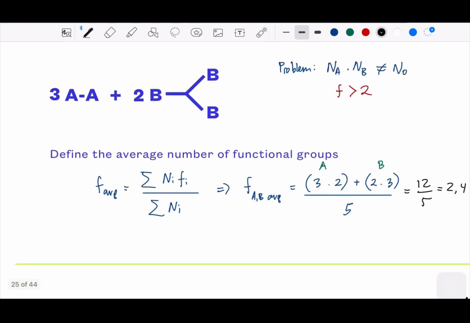And we can also rewrite the N_AB0 as N0 multiplied by the f average. So we define this as our new term in the future for the nonlinear polymers.